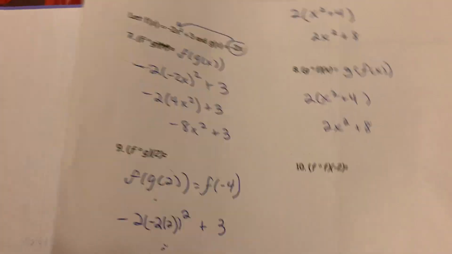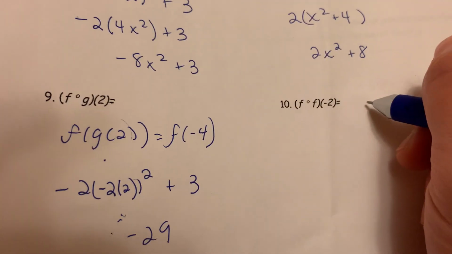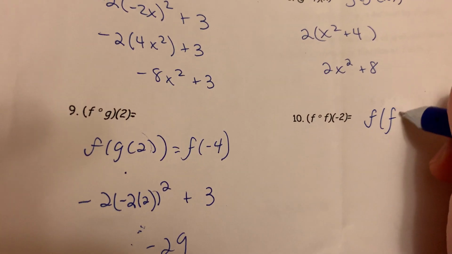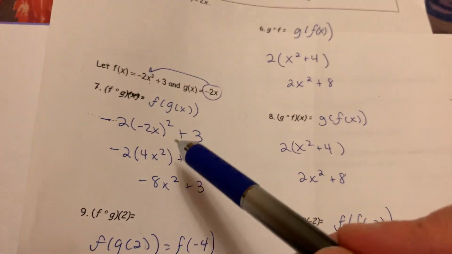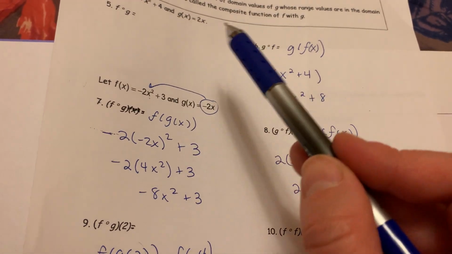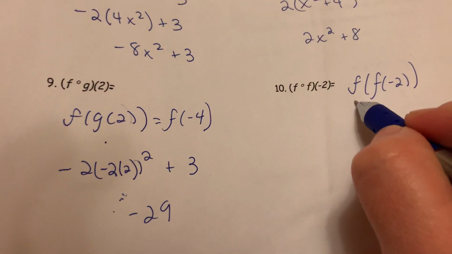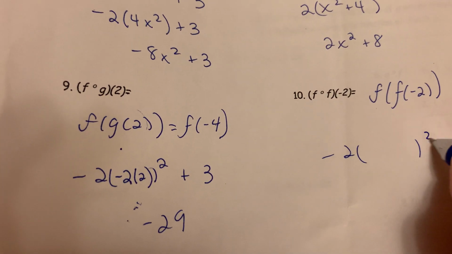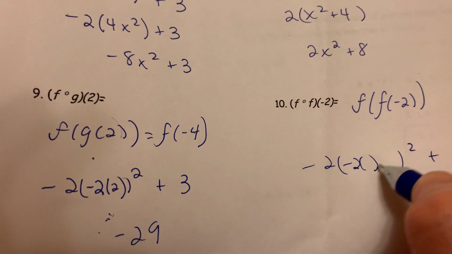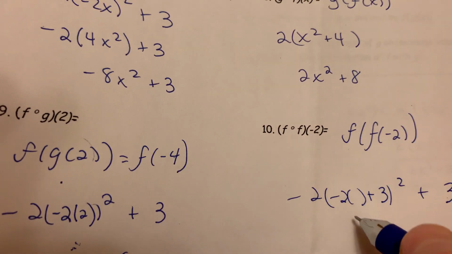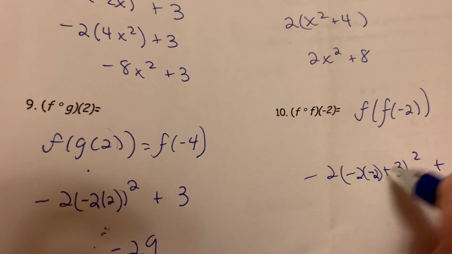And here, what this is saying is take negative 2 and plug it into f, and whatever that is, plug it in again. Well, f is negative 2x squared plus 3. And f again is negative 2x squared plus 3. And we're not having x, we're having negative 2.